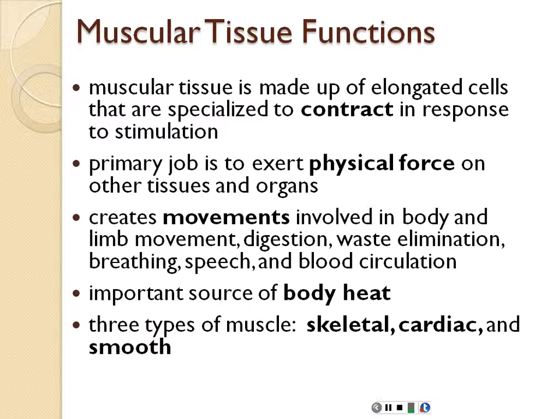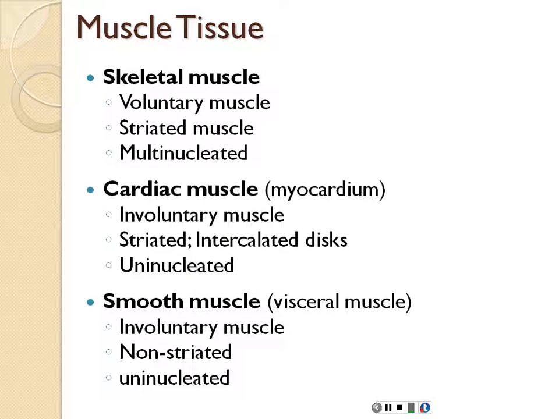Muscle tissues are made up of elongated cells that have the specialization of contracting in response to some type of stimulus. The primary job is to exert physical force on another tissue or an organ, and that way it produces movement. The three types of muscle tissue are skeletal muscle, cardiac muscle, and smooth muscle.